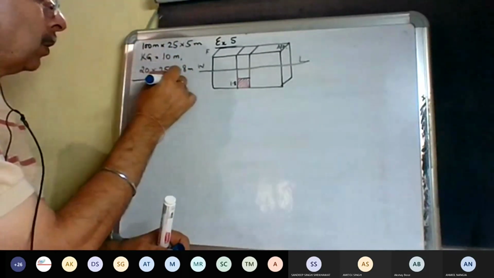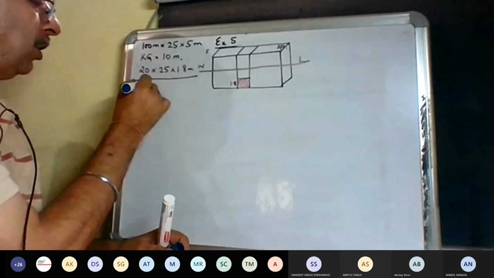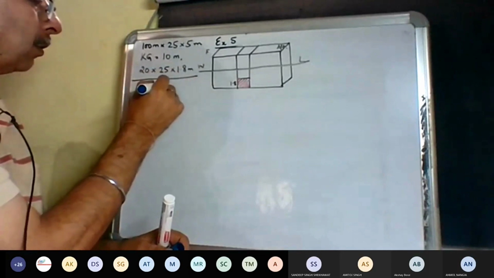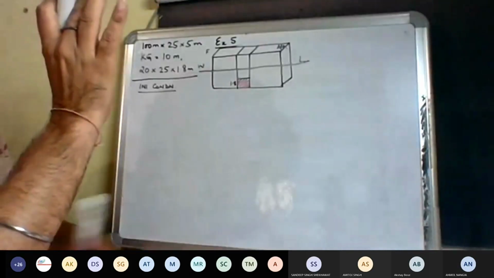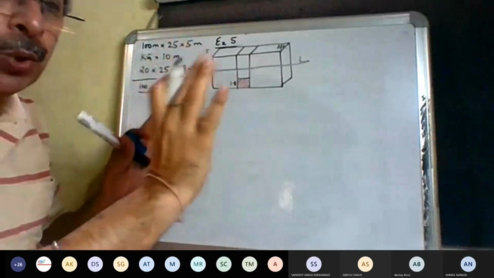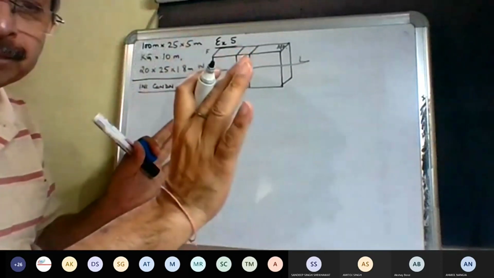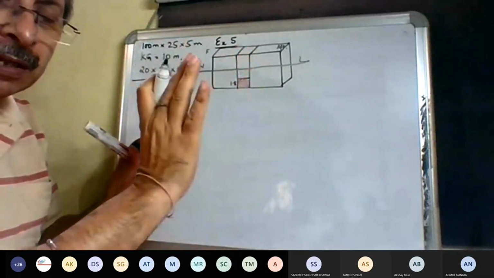So let us start with the initial condition. This is the initial condition. No bilging has happened yet, no hole has happened, nothing has happened. The hull is intact.